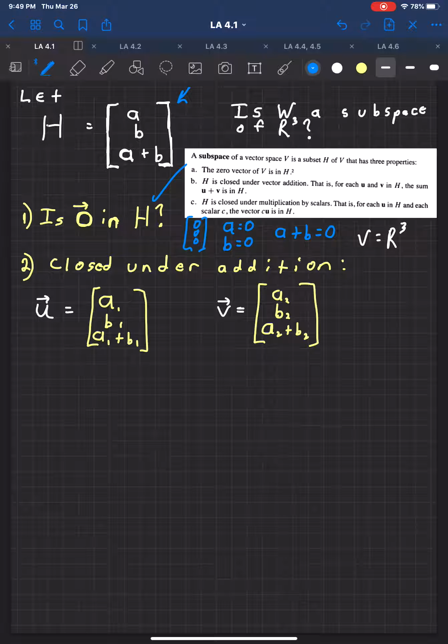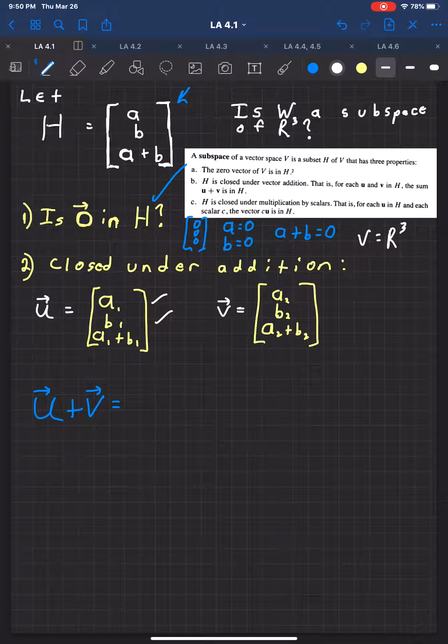Let's see if we can show closure under addition. All right, now what would be the game? The game would be to pick two vectors, u and v, and the game would be to show that u plus v is also in H. So notice what I've done here is I've labeled for vector u, a sub 1, b sub 1.